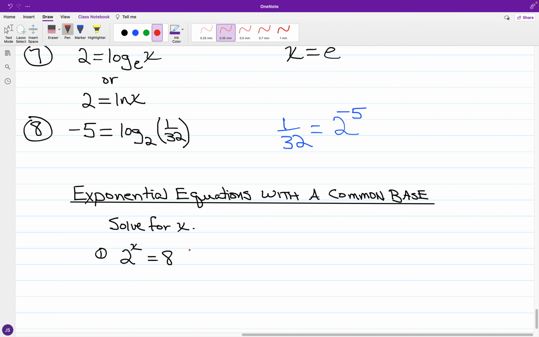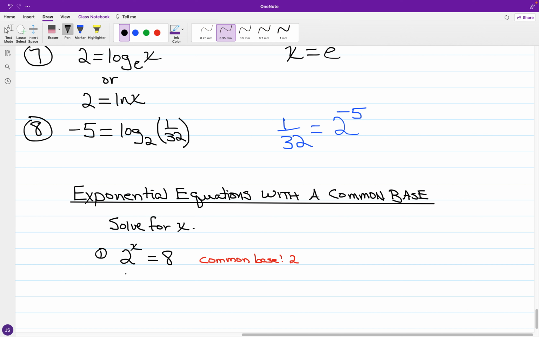We have a common base that is already presented, and that's the number 2, because 8 is a multiple of 2 and also an integer power of 2. So the common base is going to be the number 2.